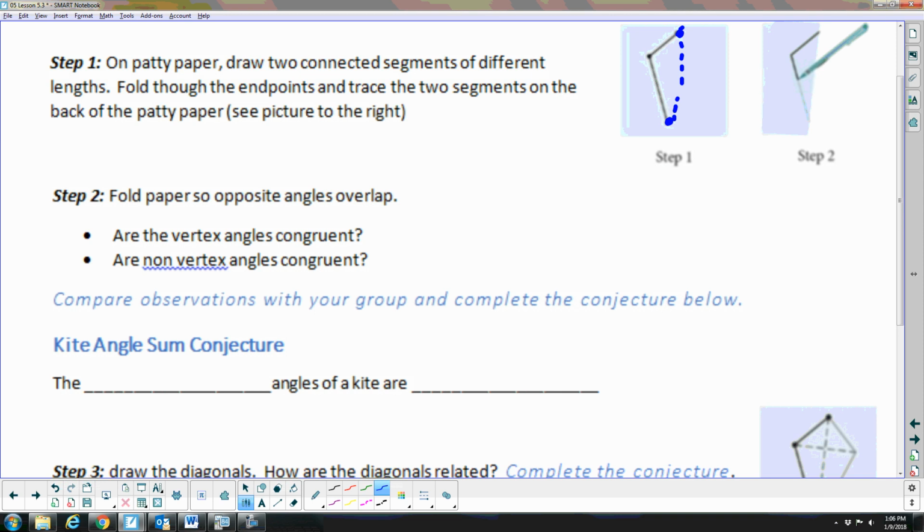Okay, so again, a kite is made up of two isosceles triangles. So these are our two isosceles triangles, and I'll just kind of resize it here so it fits together.